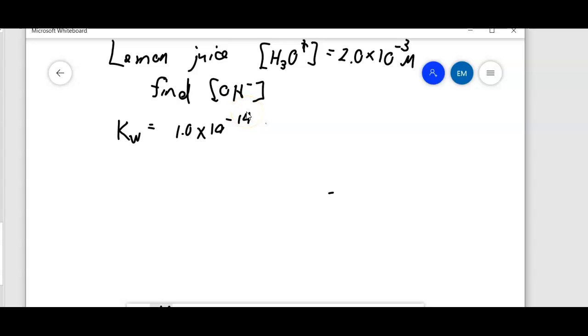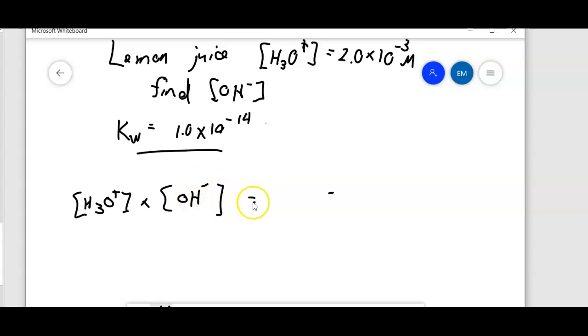Okay, K sub W. You put these things down. You've got hydronium ion concentration at 2 times 10 to the minus 3 and you're finding hydroxide. And the only other thing you really need is K sub W. So your hydrogen ion concentration times hydroxide ion concentration is equal to 1.0 times 10 to the minus 14th.